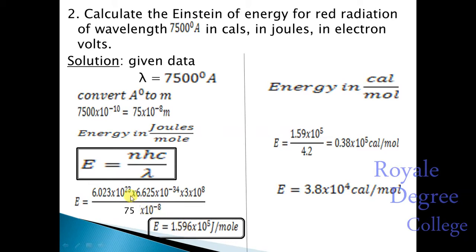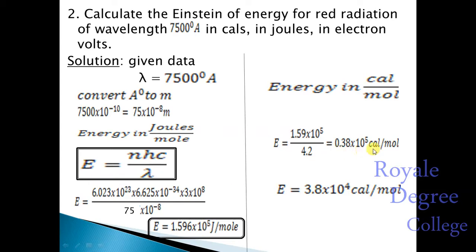Then 10 to the power 23 and 10 to the power 8 give 10 to the power 31, and with 10 to the power minus 34, 31 minus 34 gives minus 3. The 10 to the power minus 8 from the denominator moves to the numerator and becomes 10 to the power 8. So minus 3 plus 8 gives 5. That is 1.596 into 10 to the power 5 joules per mole.